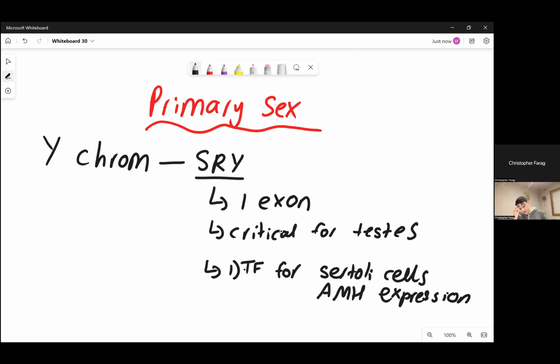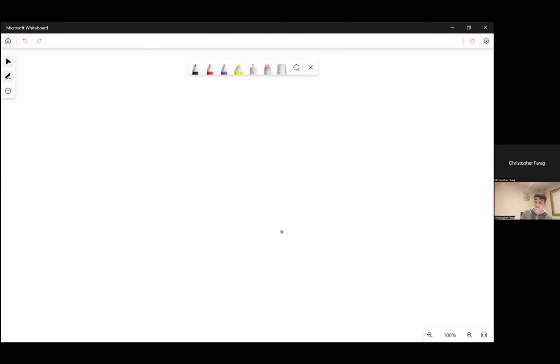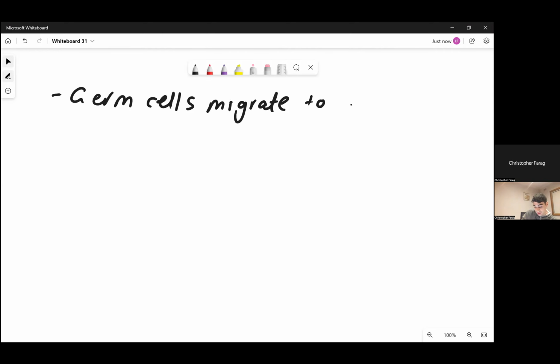Okay, so when it comes to development of the gonad, obviously the first thing that needs to happen is we need to have our germ cells migrate to the gonad.